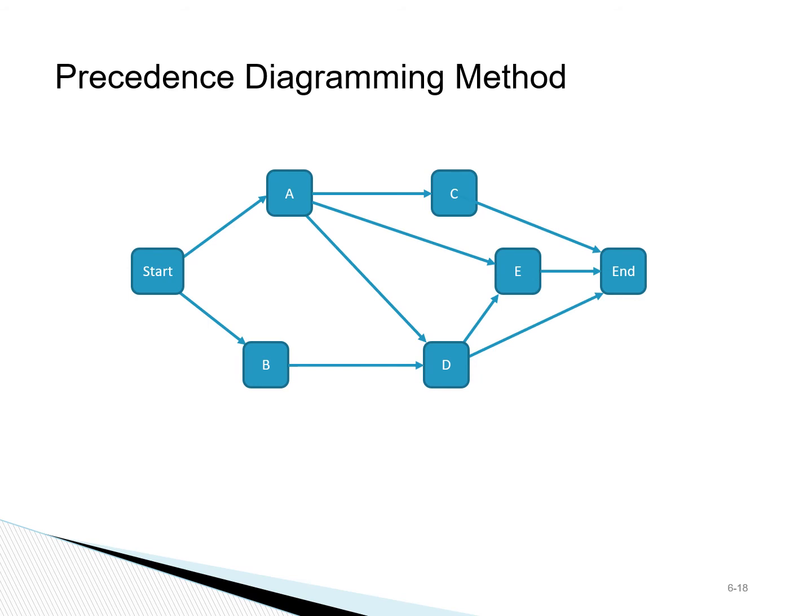In this example, activity D has to happen after activities A and B. At the same time, activity E and the end of the project cannot occur before activity D is completed.